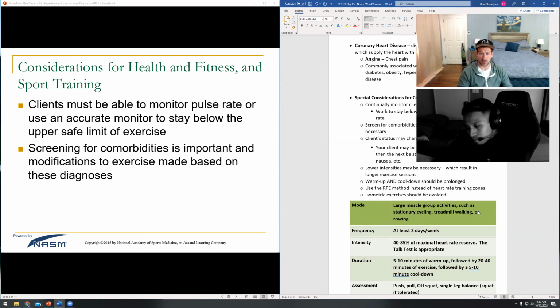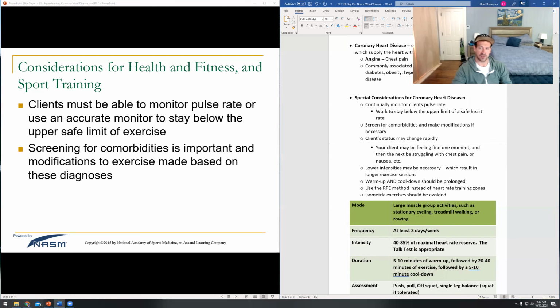So if you have a client with coronary artery disease who has come back from a heart attack or something, I always encourage trainers to get them an actual heart rate monitor rather than just measuring it every few minutes. Having that continuous monitoring is very, very helpful.